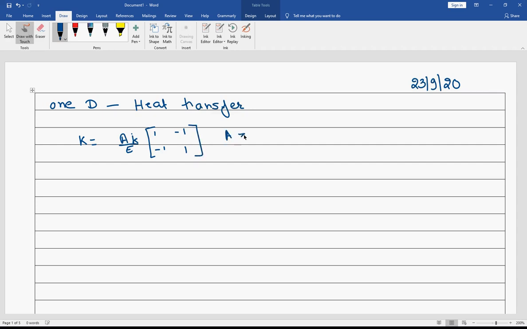Where A is area. If not given, consider 1 unit square, whatever the unit, mm, centimeter or meter, whatever unit you are trying to solve, that unit square you take. And small k is conductivity.